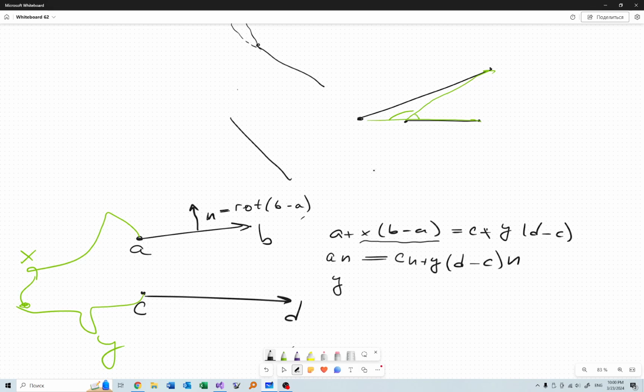And this allows us to calculate that y is (an minus cn) over ((d minus c)n). And after that, we can actually say that a vector times the rotation by 90 degrees of some other vector is simply w times v. So this is the outer product. No, not outer, how it's called. Is it called vector product? I forgot. Yeah, it's called maybe outer product or vector product.